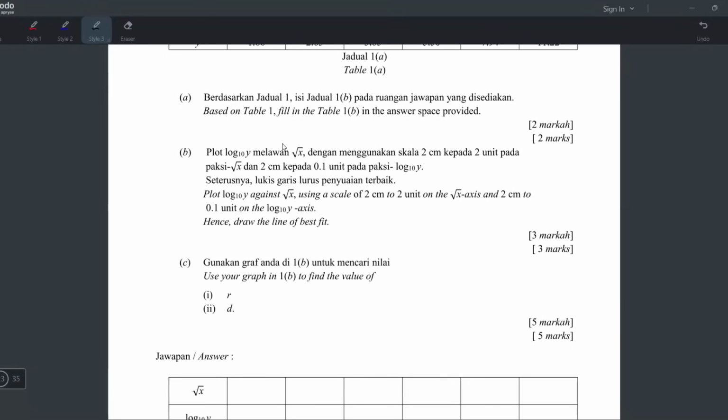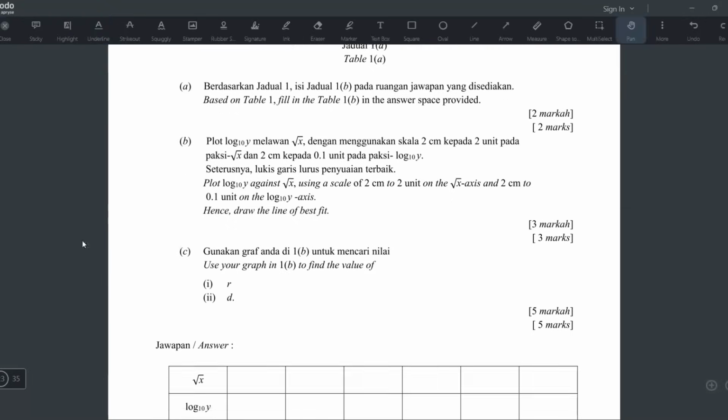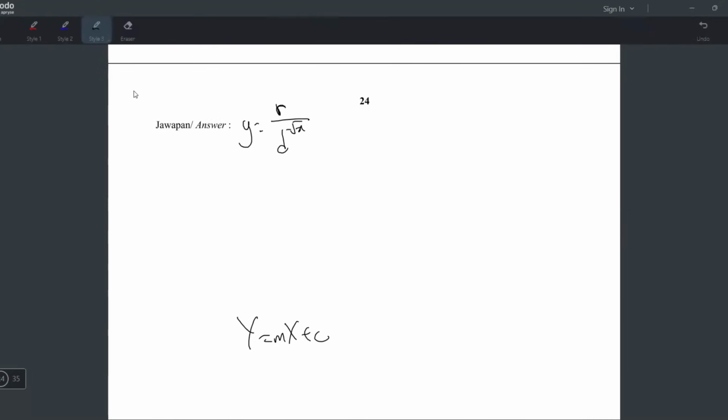Usually they will tell you this. So you can look here to know what the y-axis is. The y-axis has to be log y against square root x. That means your y-axis is log y and your x-axis is square root x. So with that, now you can add log, because you want the y-axis in the equation to match with the y-axis in the graph.